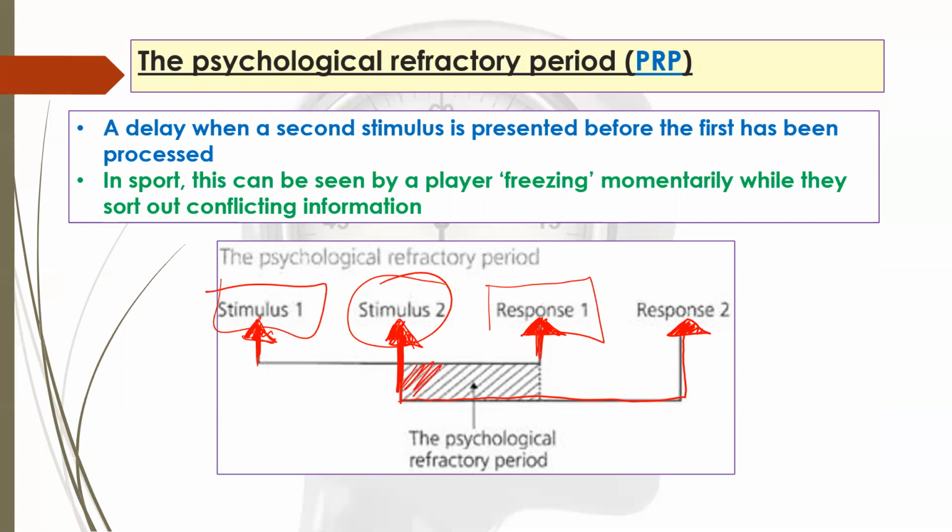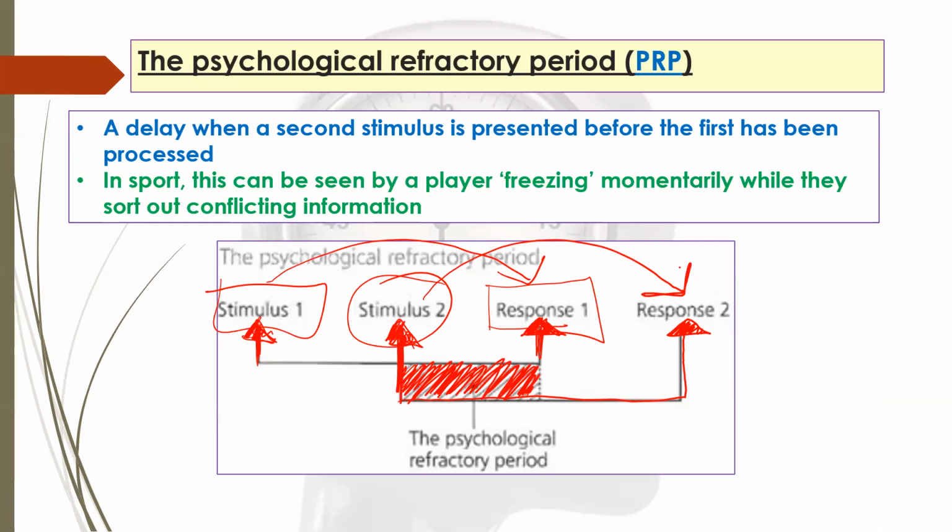And it's this delay here, whilst you're dealing with that initial stimulus that was linked to that, this period of delay, the psychological refractory period, you've got to just process that before then the second stimulus can be processed in order to produce your second response.